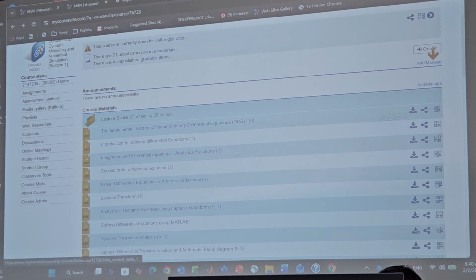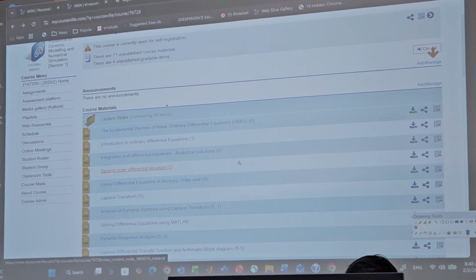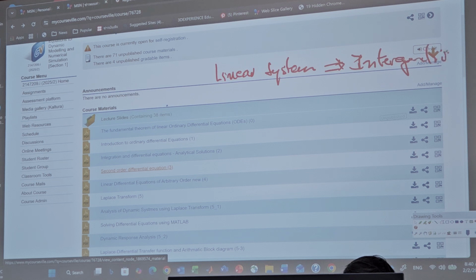So next, for the second order, we reduce a little bit, because for higher order, as I told you, for a linear system we can do it with the integration method, right?